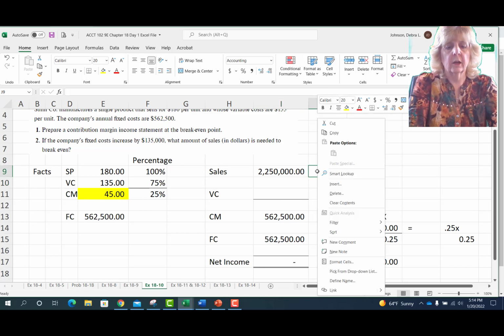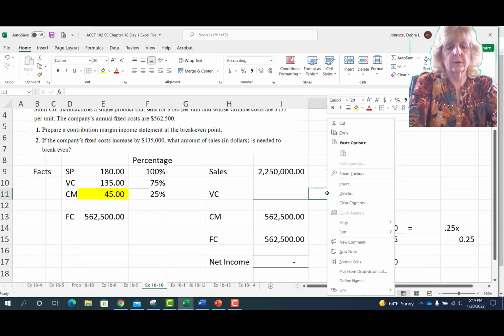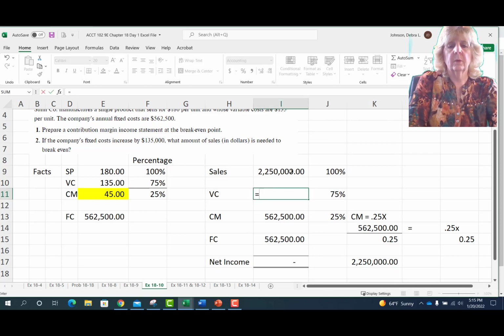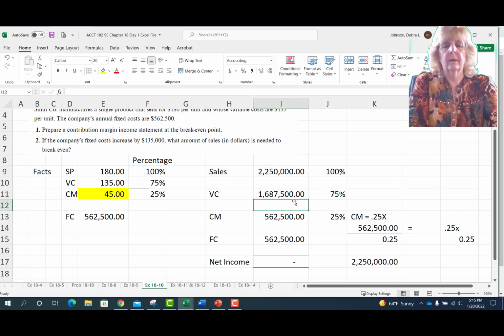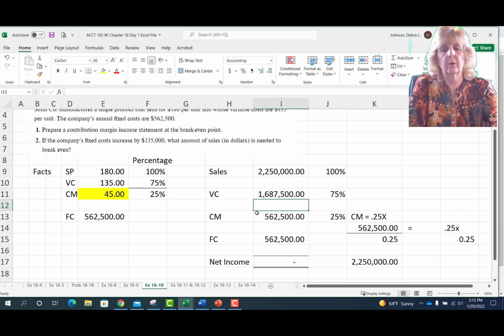And since that's 100%, and we know that variable costs are 75%, a way that I could get my variable costs would be simply to take the sales times 75%. That method sometimes throws people off, so I would encourage you to calculate that on your own in case that is given to you in the form of a multiple choice question or a quiz question or something of that nature.